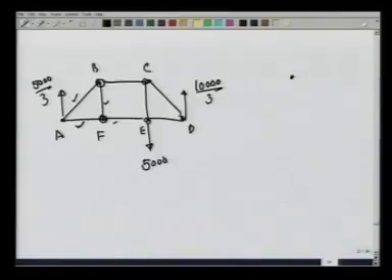The pin at B is under equilibrium due to a force on AB which is compressive, so it pushes the pin in this way.